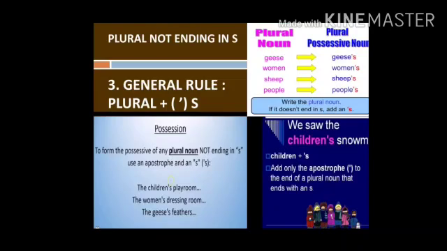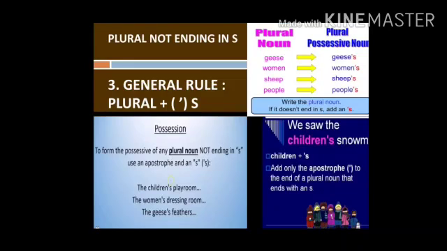Geese apostrophe s. This is the women's room. So women plural, again apostrophe s. Sheep plural is sheep only. So sheep's fur, sheep's wool, again apostrophe s. People, people's gathering, again apostrophe and an s.